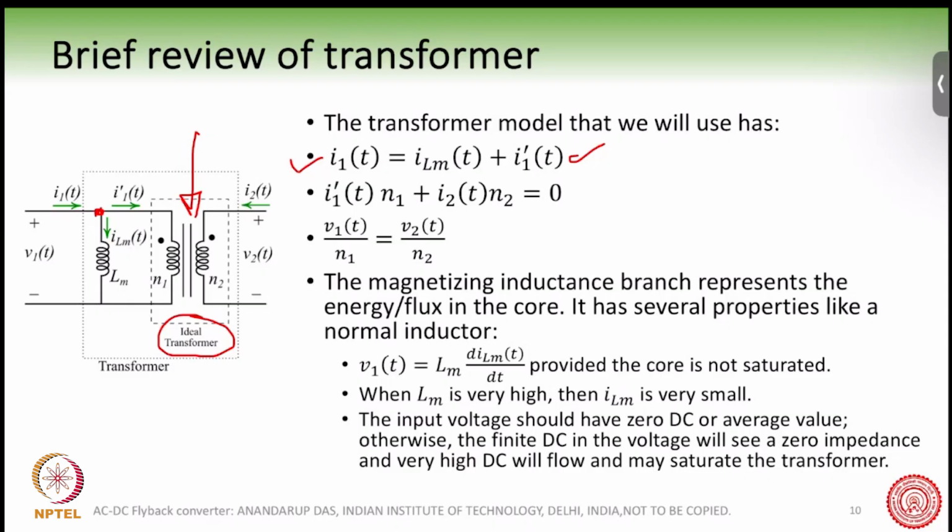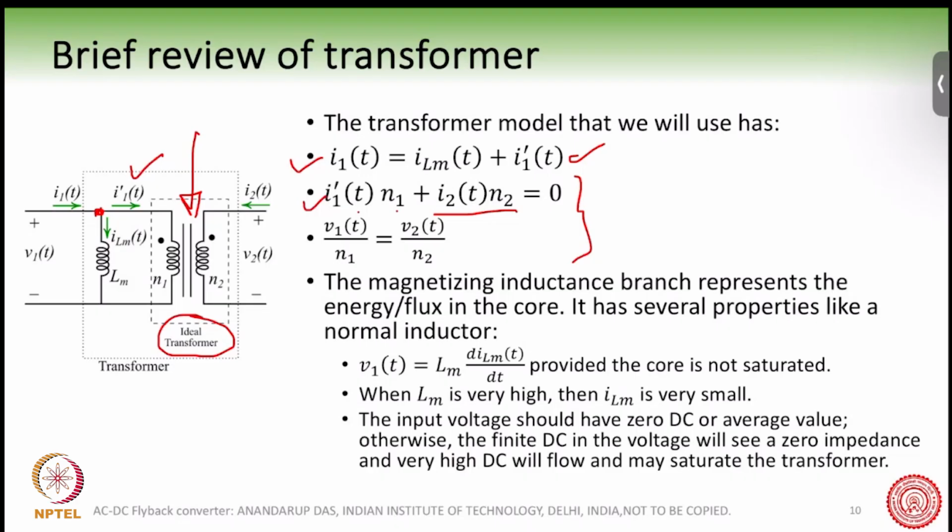It follows the perfect MMF equations: I1 dash into N1 is equal to minus I2 into N2, or we can write I1 dash into N1 plus I2 into N2 equal to 0. These are the ideal transformer equations, and V1 by N1 equal to V2 by N2.